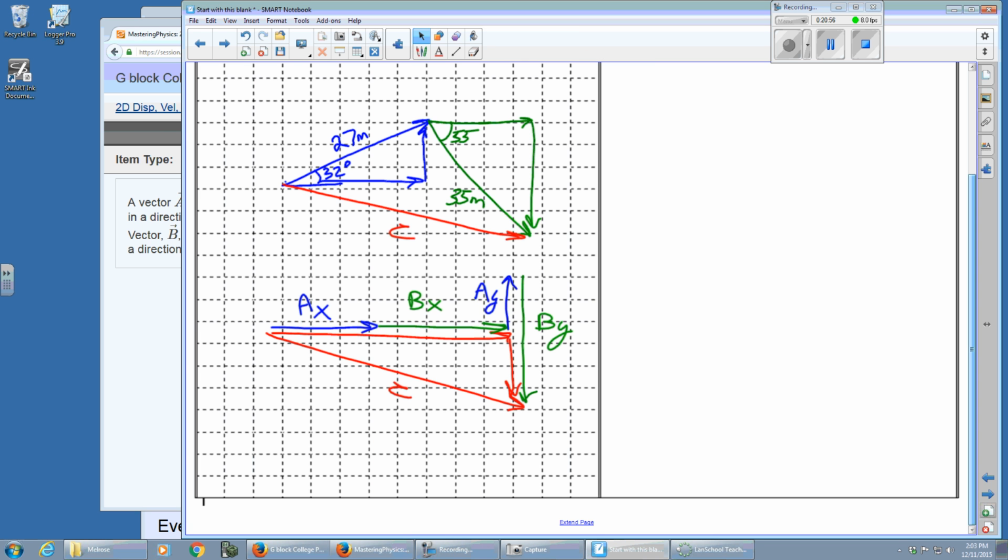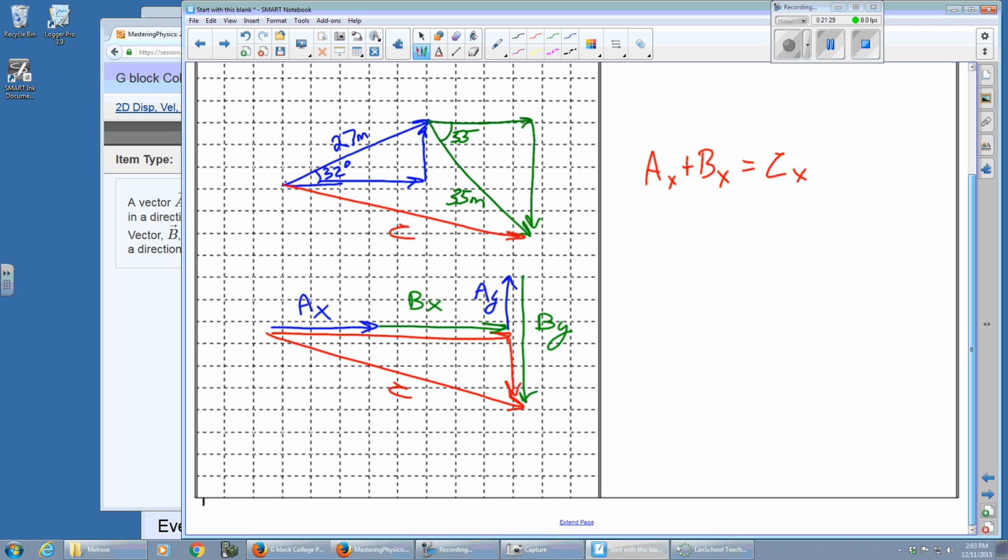So if I do AX plus BX, let's use a new color, AX plus BX will tell me how long the component of C is in the x direction.